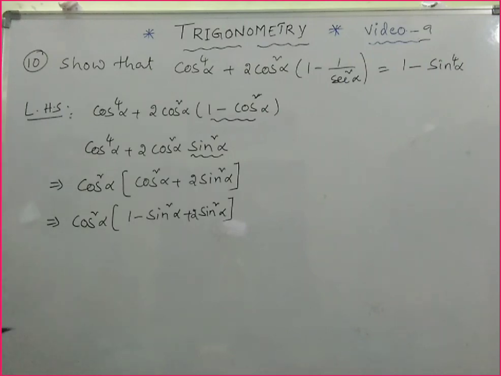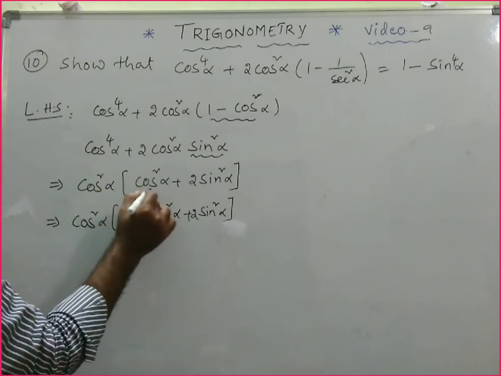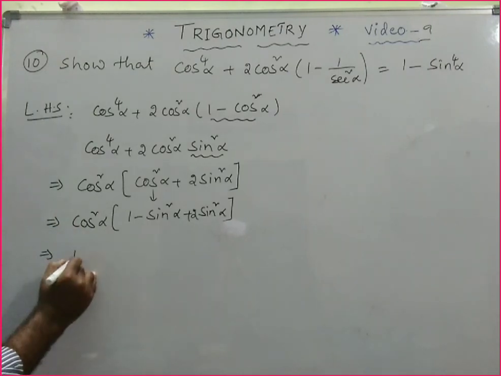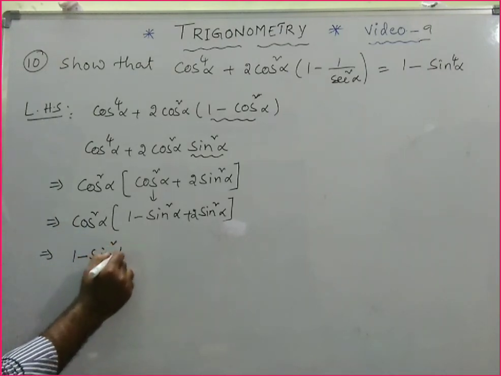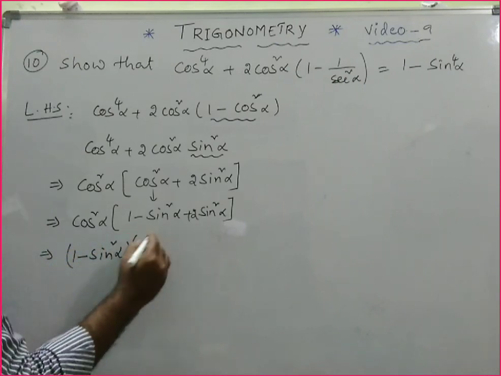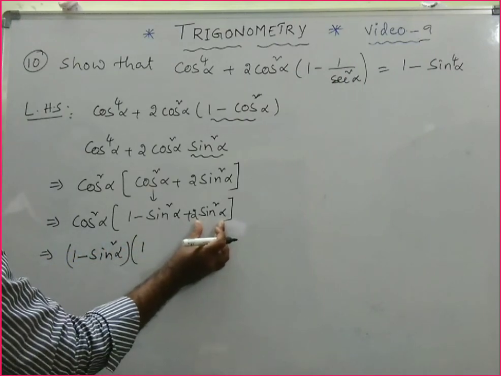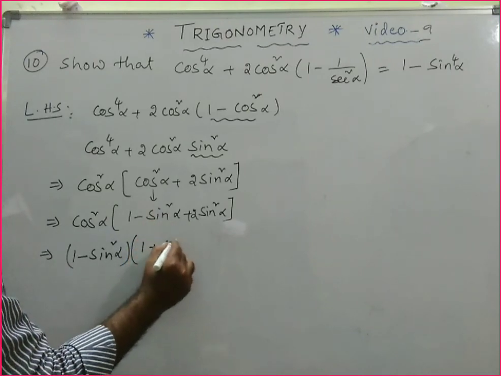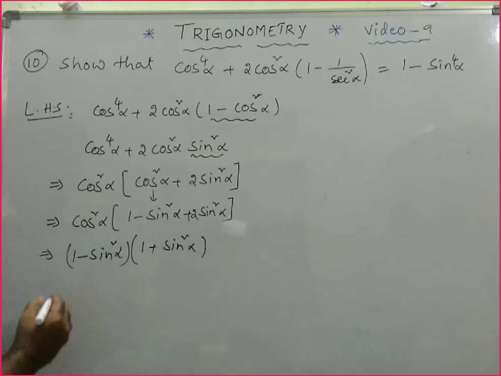Okay, now cos square alpha into, I just want to write cos square alpha as 1 minus sin square alpha. Isn't it? Cos square theta is equal to 1 minus sin square theta. Now, cos square alpha, I can write it as 1 minus sin square alpha. And 2 sin square alpha minus sin square alpha, which is plus sin square alpha.